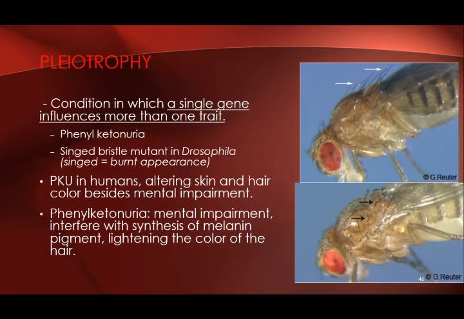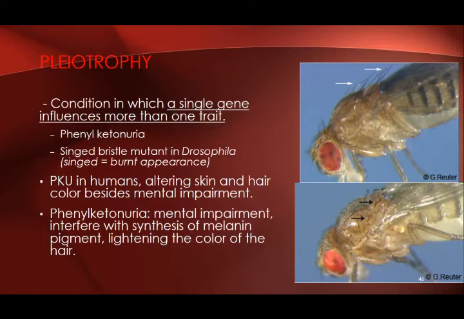Pleiotropy is a condition in which a single gene influences more than one trait. For example, phenylketonuria and the singed bristle mutant in Drosophila. Singed is a burnt appearance. PKU in humans does not just control one trait, it controls a lot. It doesn't just dump a lot of waste in your blood, which is phenylketonuria. It also alters your skin and hair color besides causing mental impairment.